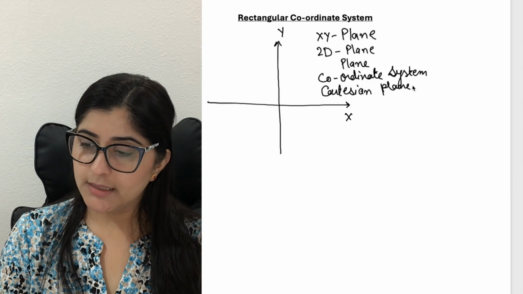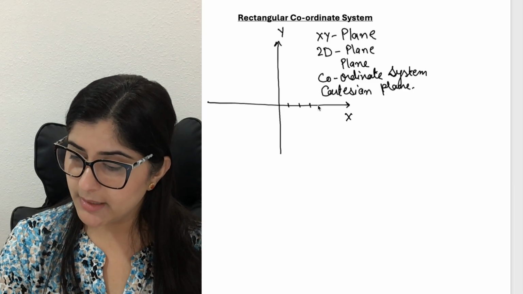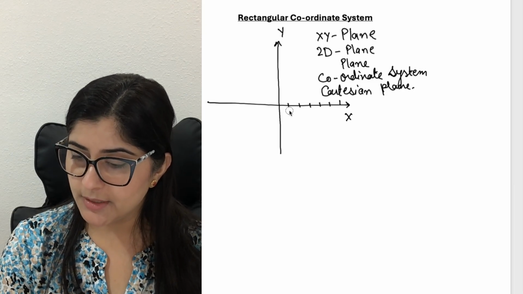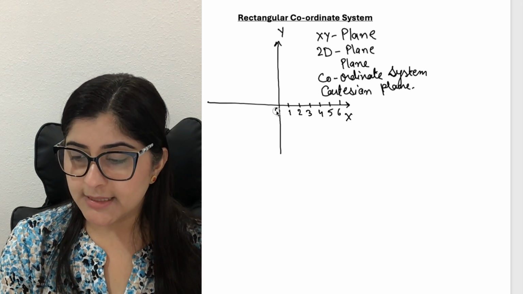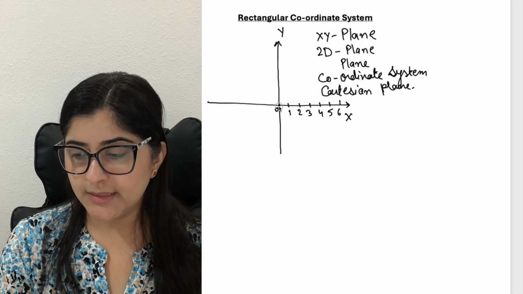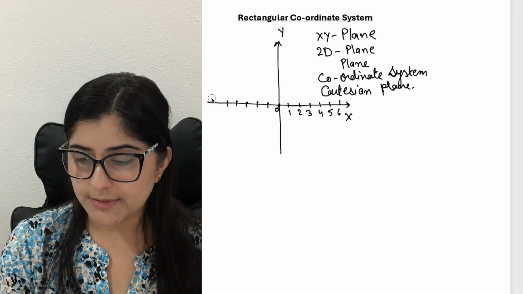So in this xy plane, we denote the positive x values 1, 2, 3, 4, 5, 6. This is 0, this point, and here we have negative x values.